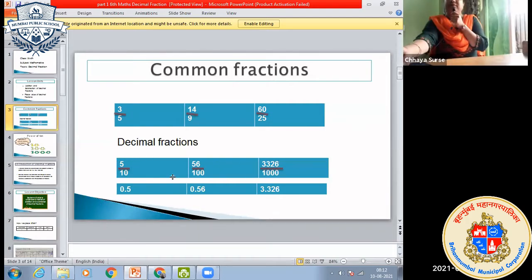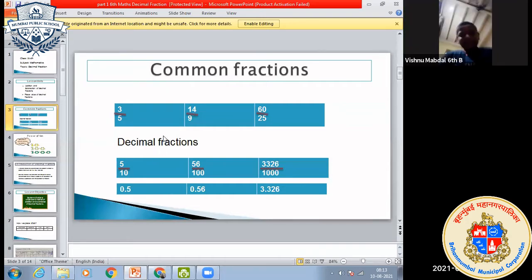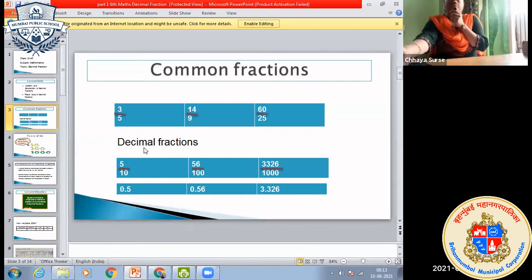Understood? Hello students. Understood all of you the difference between common fractions and decimal fractions? Hello? Yes, ma'am. Very good. So decimal fractions and common fractions are very important.